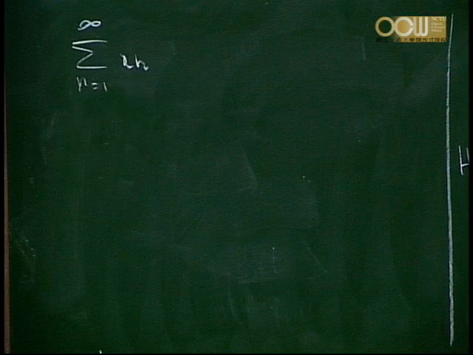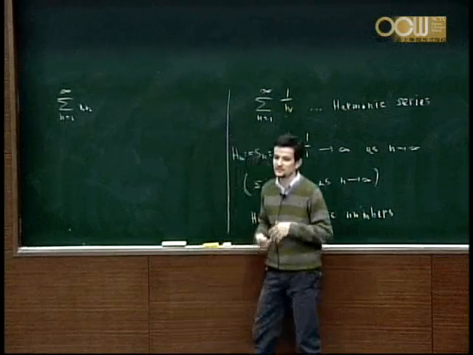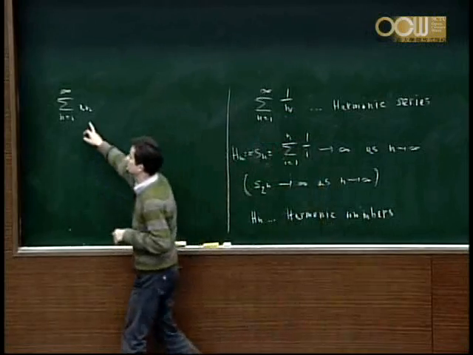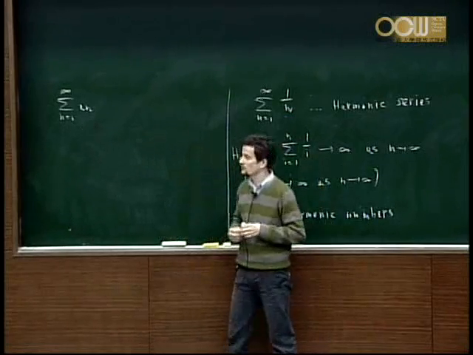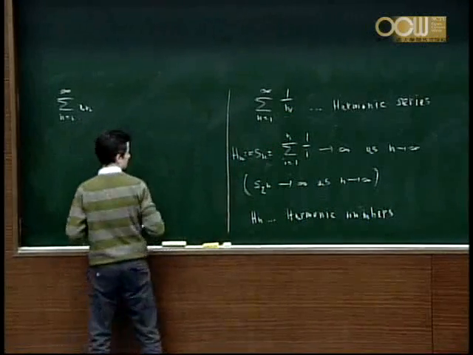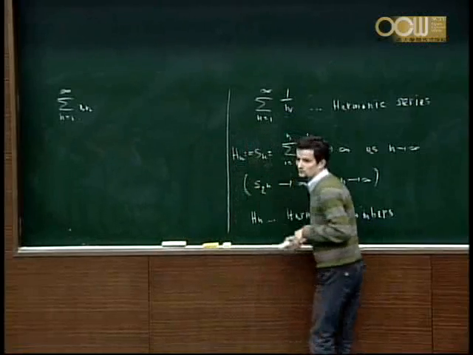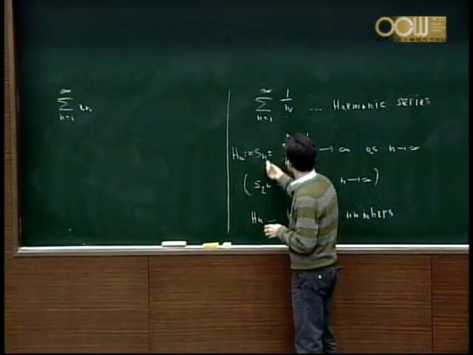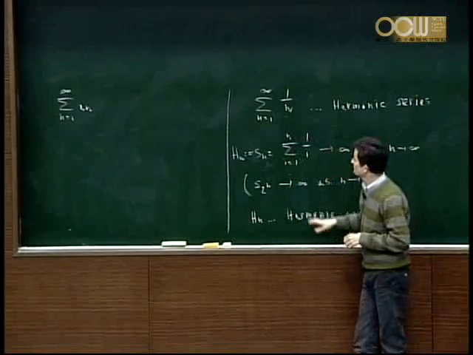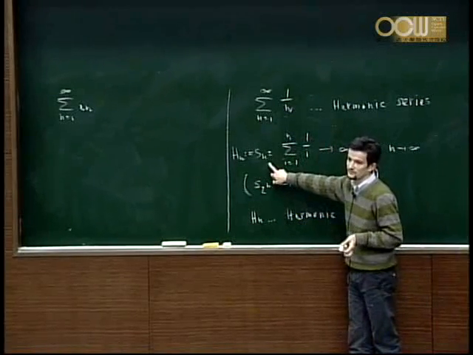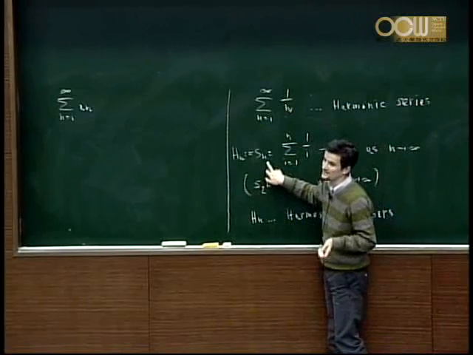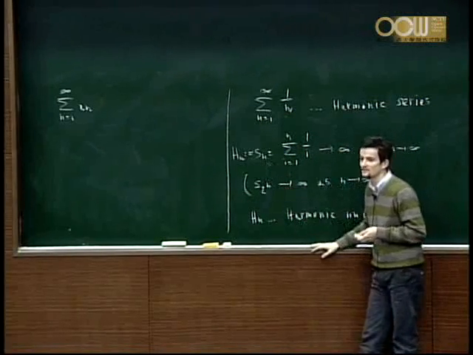So far we do not have any results which tell us how we can easily determine whether a given series is convergent, because always looking at the partial sums would be very complicated. In this case, we were able to discuss the behavior of the sequence of partial sums, and for the geometric series it was easy because we could compute Sn, and likewise for some other examples you have seen last time.